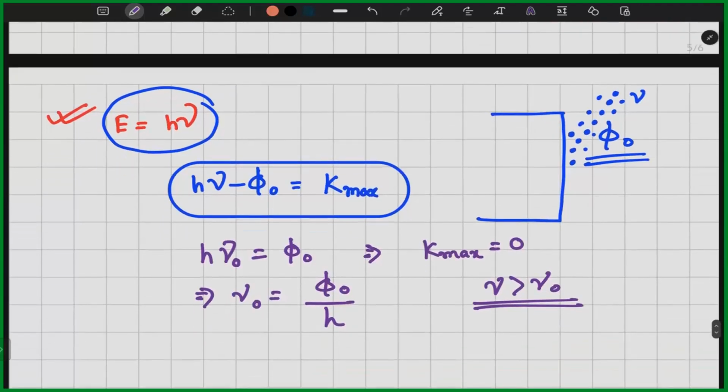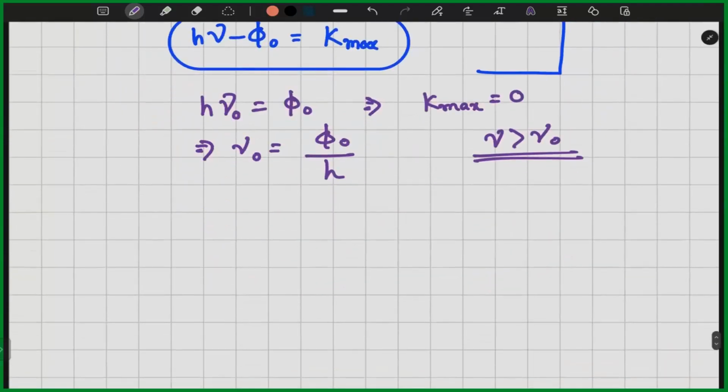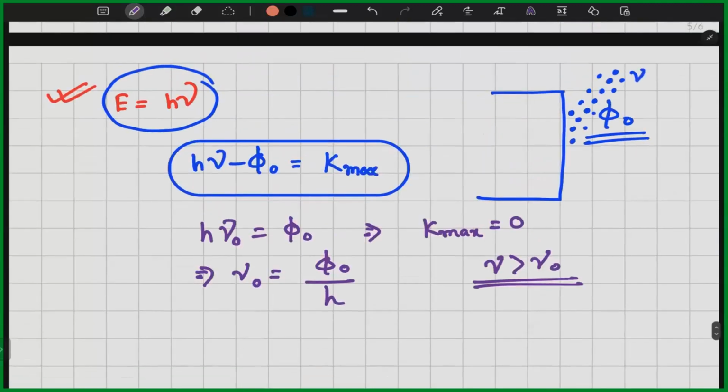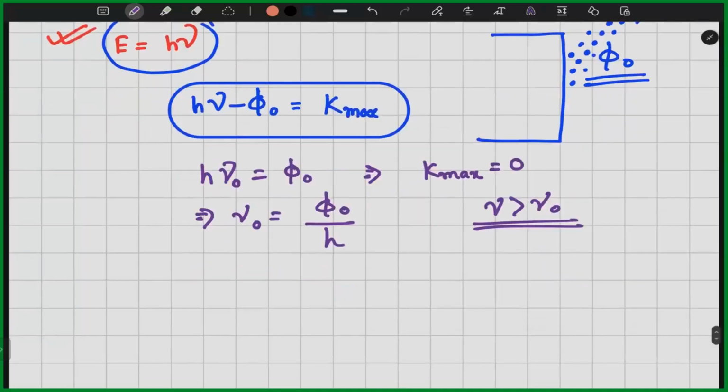So the minimum energy of the radiation should be h nu 0. Nu 0 is the limiting frequency, the minimum frequency the radiation should have. Then only it can remove an electron from the metal plate. So we can explain the concept of the threshold frequency using this E equals h nu concept, the discrete energy of the light, the wave packet concept, we can say.